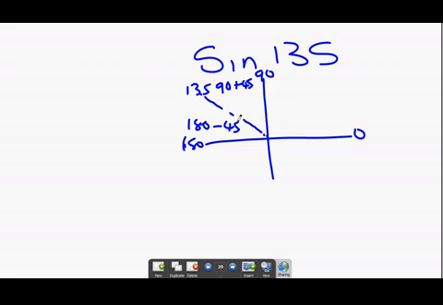Do you see now I have reduced it? I am now using either 90 or 180 to get to that 135. I no longer have the 135, I now have 180 minus 45, and I've got 90 plus 45. So usually when I'm doing my reduction, especially for numbers, I normally just stick to using the 180 and the 360.